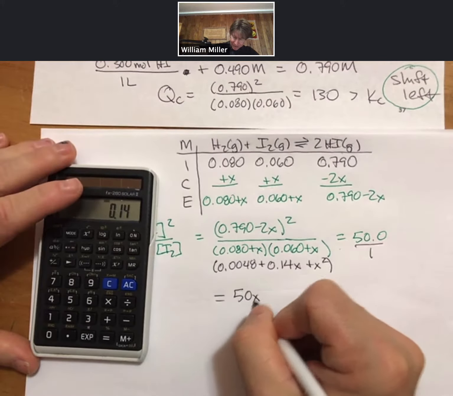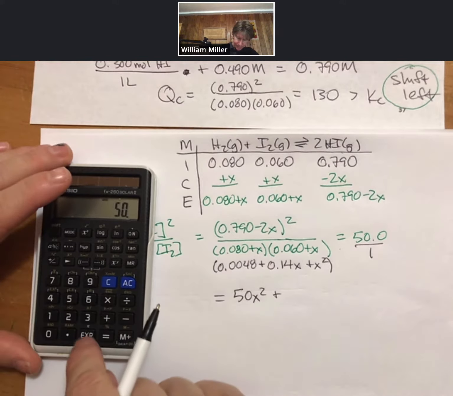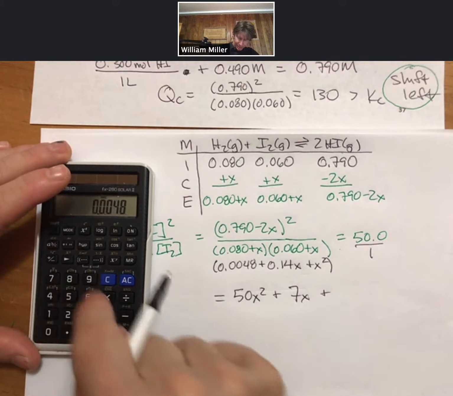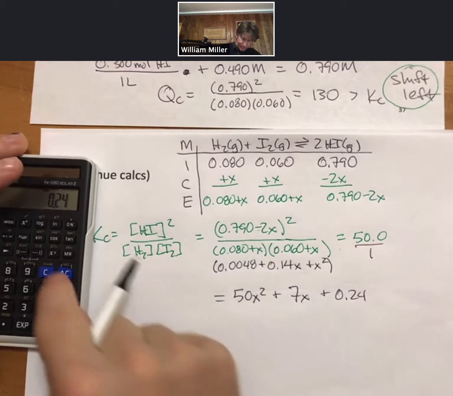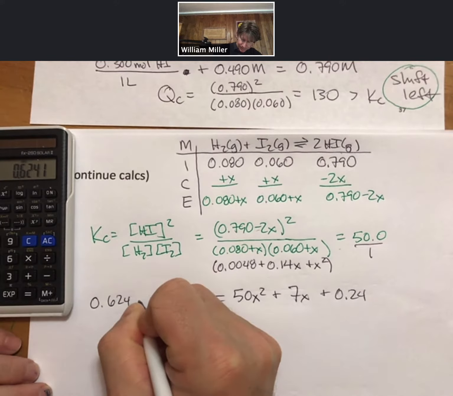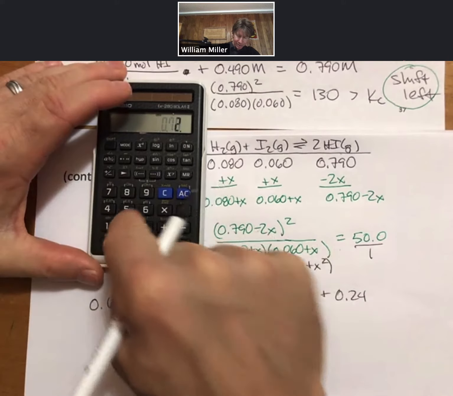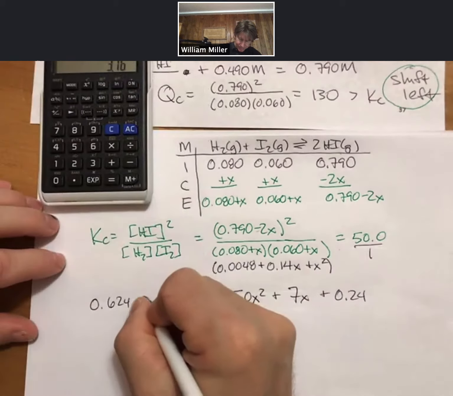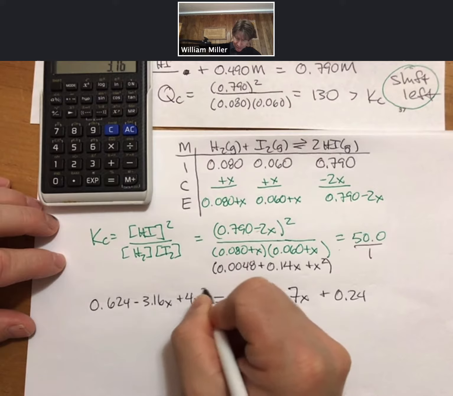So 50x squared plus 0.14 times 50, 7x, plus 50 times 0.08, 0.24, and then on this side it's going to be 0.79 squared, 0.624, minus 0.790 times 2 times 2, because there are going to be two of these terms, and then plus 4x squared.